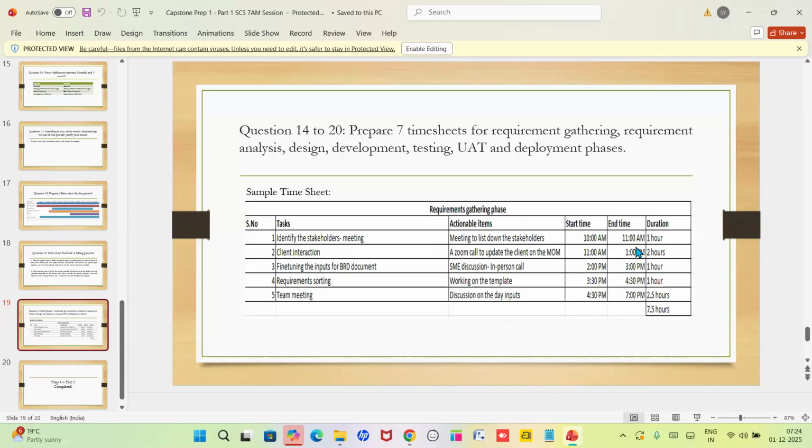In this way, we note how much time they spend, 1 hour, 2 hours, to implement an application. Whatever they are involved in within the timeline, we prepare a timesheet for it. In this way, we need to prepare for all the phases. So this is all about how a BA works in a project.